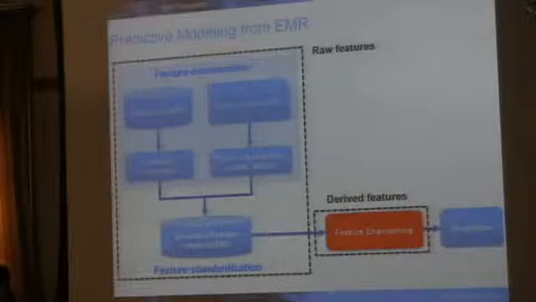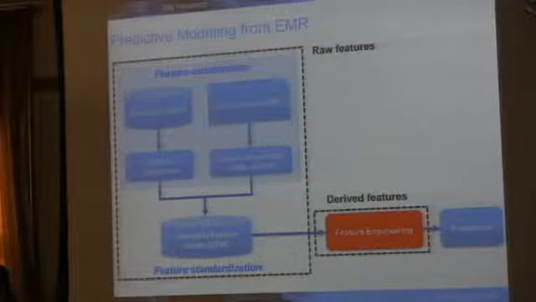This is the basic predictive modeling pipeline when we work with EMR. We first extract or annotate features from structured or unstructured EMR and store them in a uniform format in the database. Then we get raw features from this, and through a feature engineering step, we get some high quality derived features and feed them into the predictive modeling module.